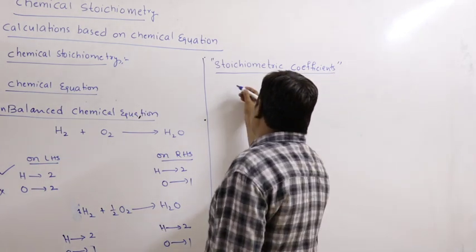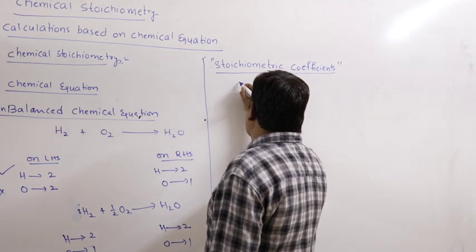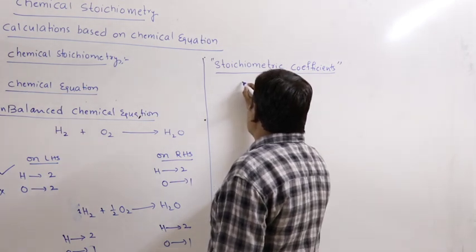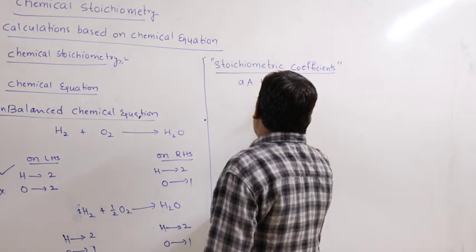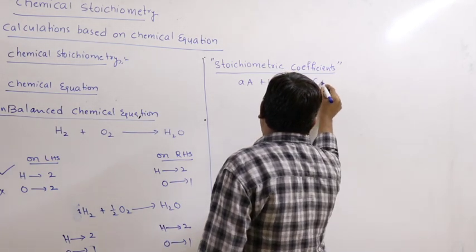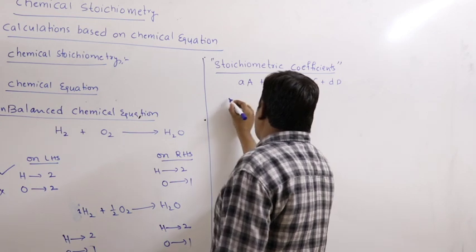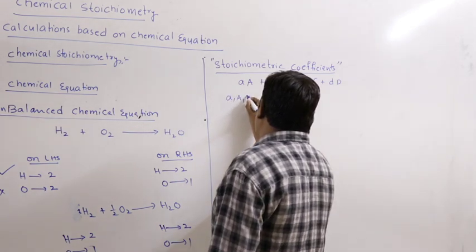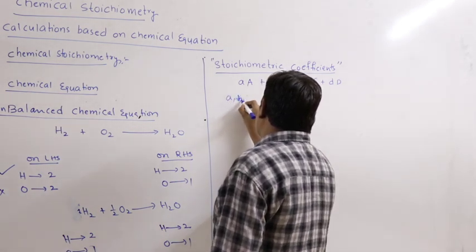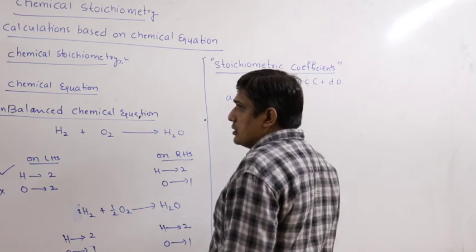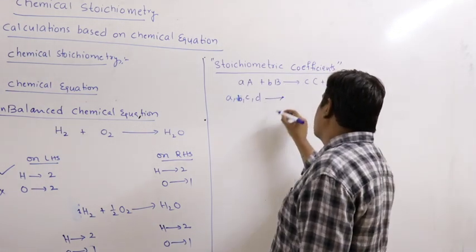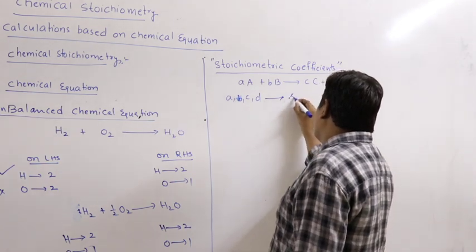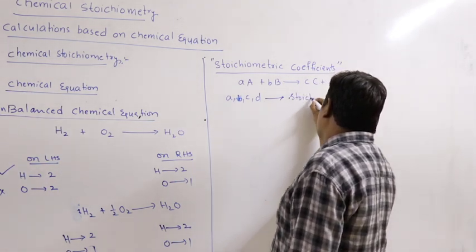For example, if I write like this, here small a, b, c, d, they represent numbers 1, 2, 3, 4 like that or half. They are called stoichiometric coefficients.